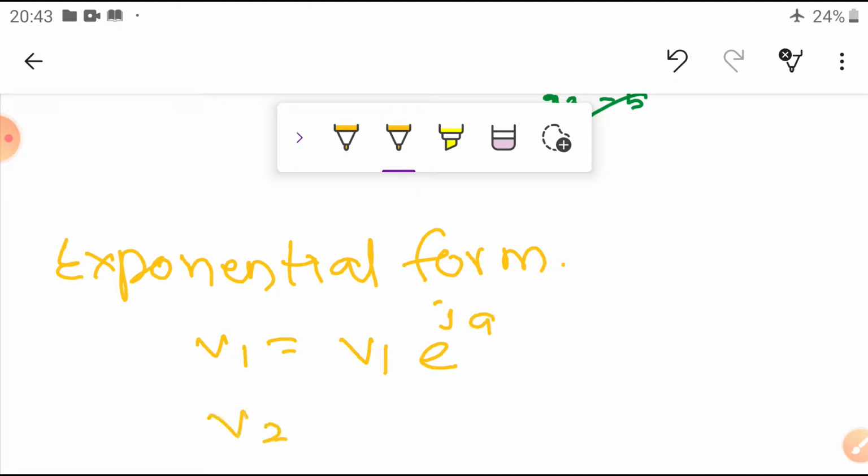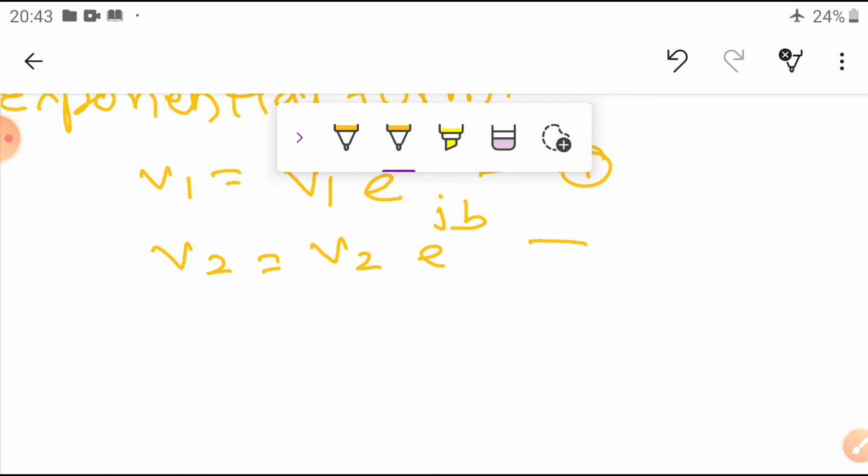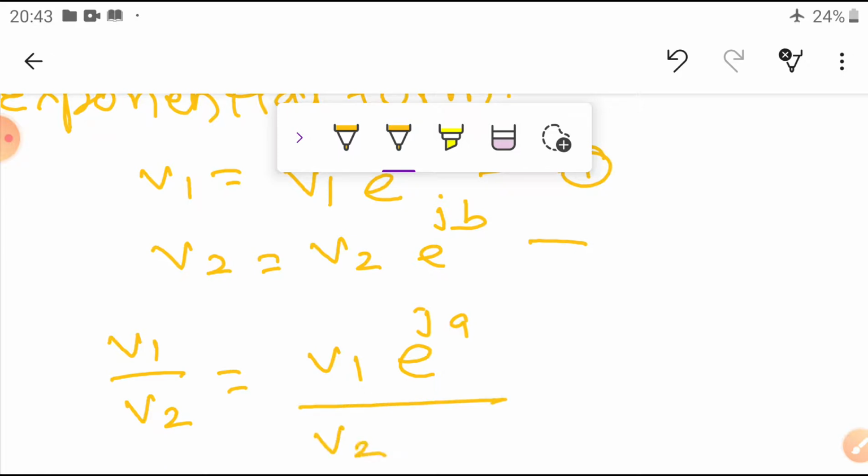V2 is given, we convert to V2 e to the power of j b. Two vectors are given, this is the first vector, this is the second vector. Now I want to do the division V1 by V2. Simply V1 e to the power of j a divided by V2 e to the power of j b.